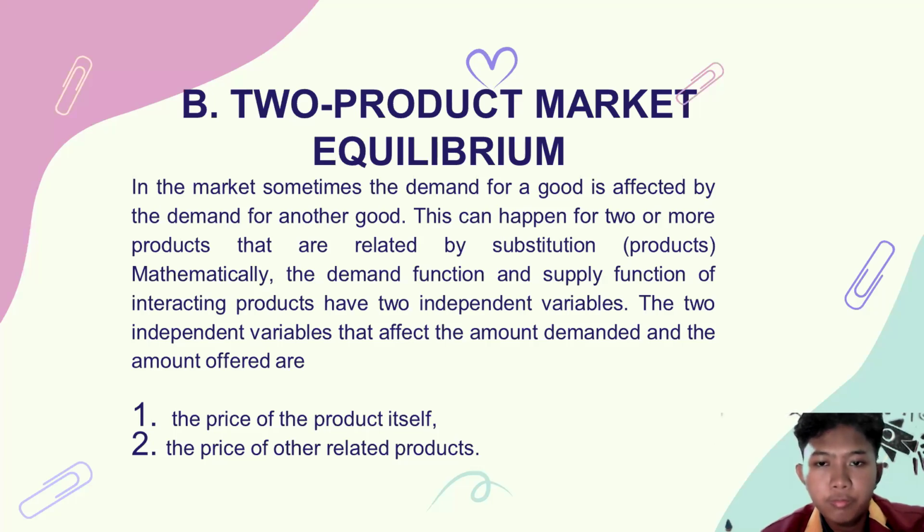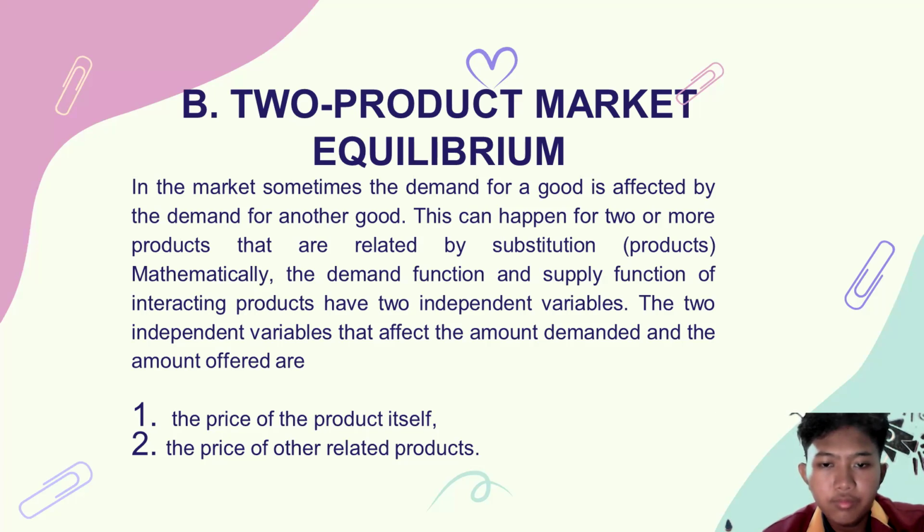B. Two-product market equilibrium. In the market, sometimes the demand for a good is affected by the demand for another good. This can happen for two or more products that are related by substitution or complement.